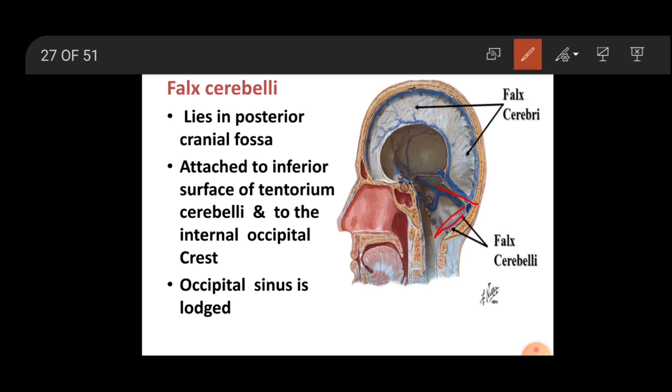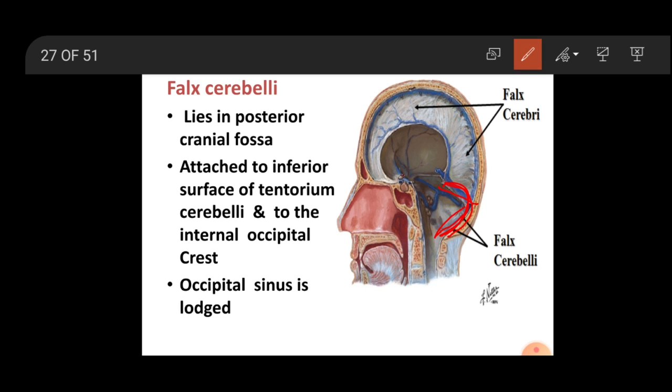So this is the attachment of the falx cerebelli, again sickle shaped. The sinus lodged here is the occipital sinus.